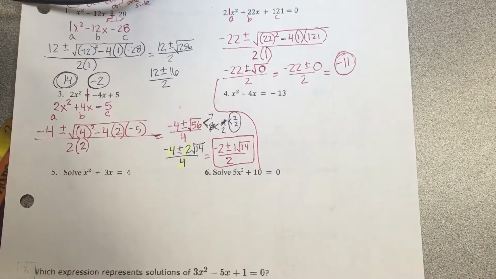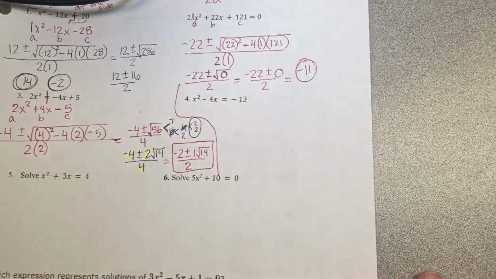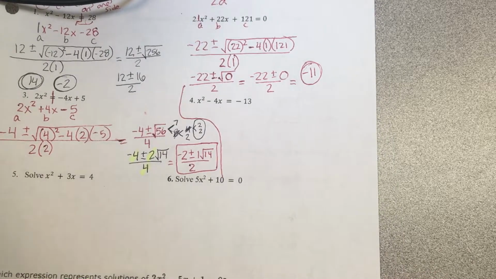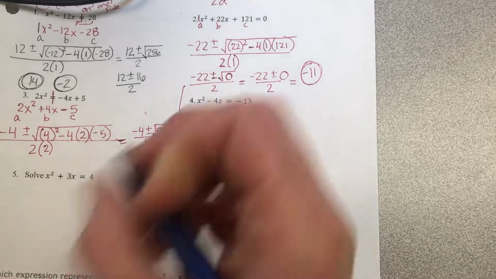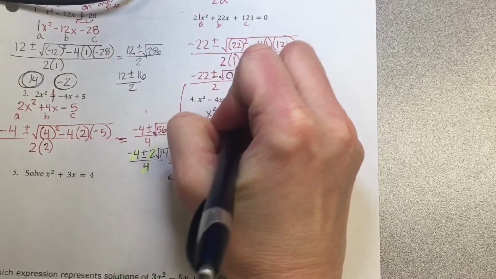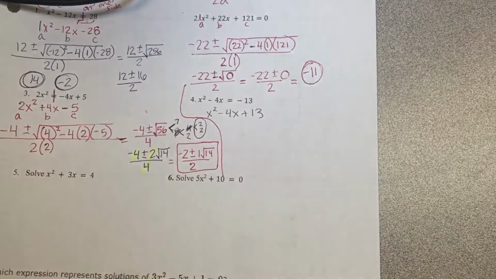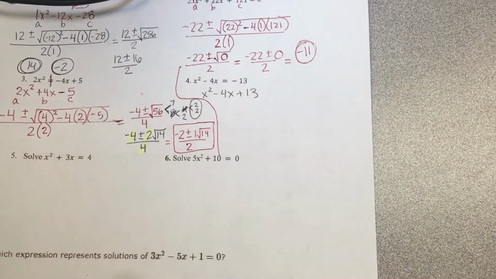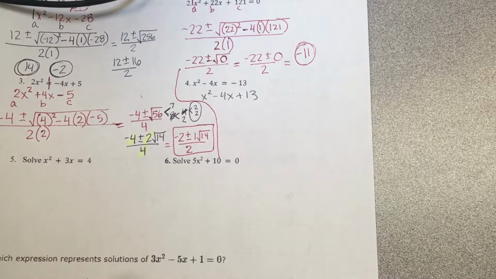All right, here we go. Number 4, what do I need to do first? Good, move the 13 over, it becomes positive, okay? Then what do I do? What do I do next?